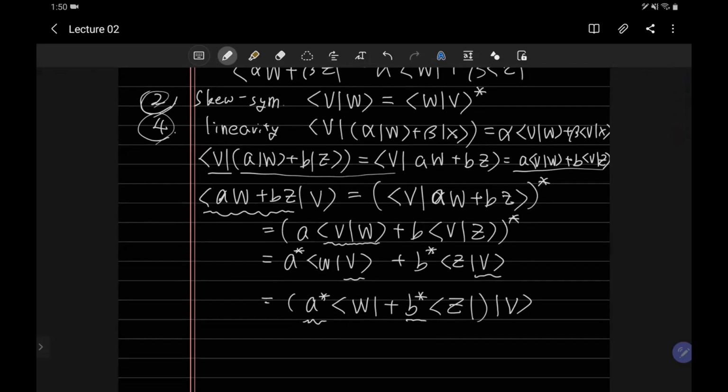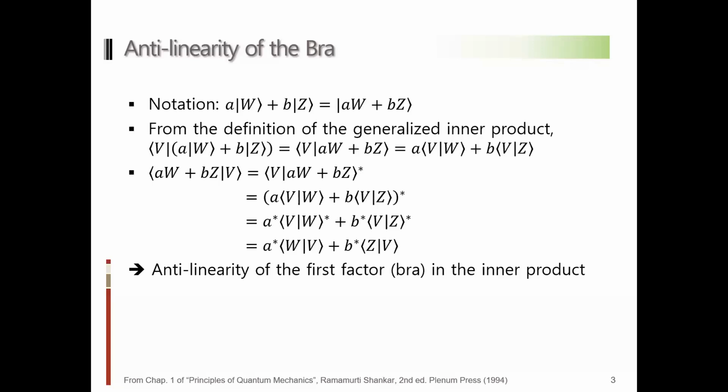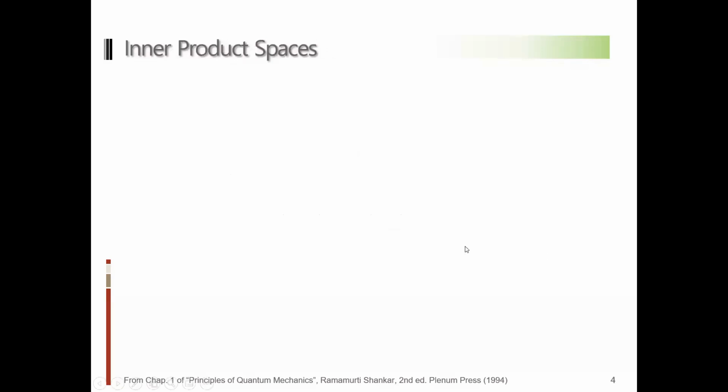And this is called the antilinearity of the bra in the inner product. As you can see, we could prove the antilinearity of the bra by using the generalized concept of the inner product. So that's the power of abstract math.